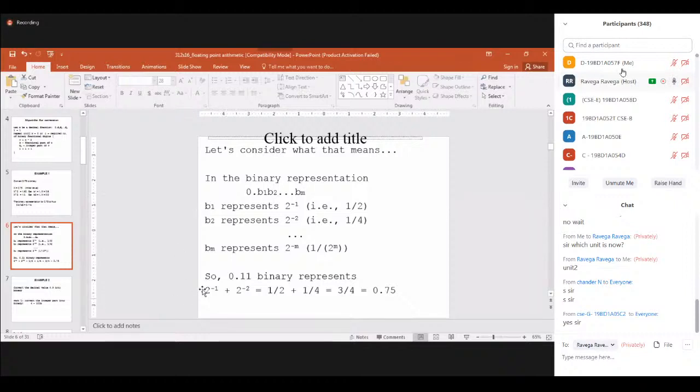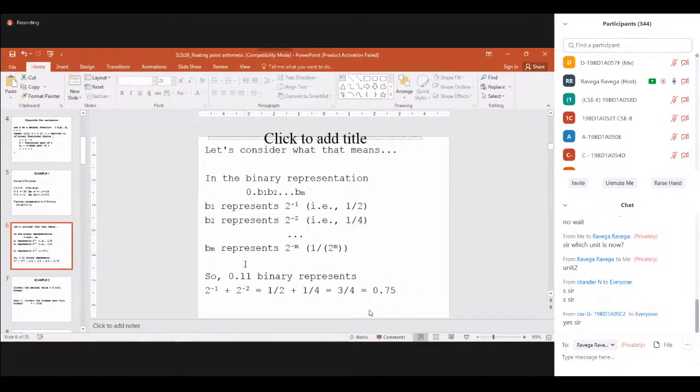So the value of 2 to the power of -1, I again repeat. In the binary representation, you're taking 0.b1, b2, and so on till bm, where b1 is represented as 2 to the power of -1, and b2 is represented as 2 to the power of -2, and so on until bm represents 2 to the power of -m. So 2 to the power of -1 is nothing but 1 by 2, 2 to the power of -2 is nothing but 1 by 4, and so on.